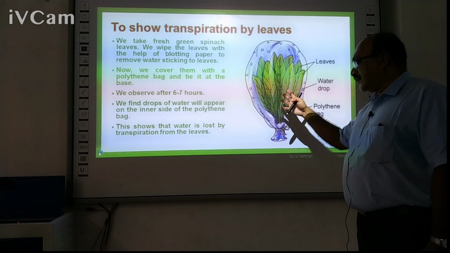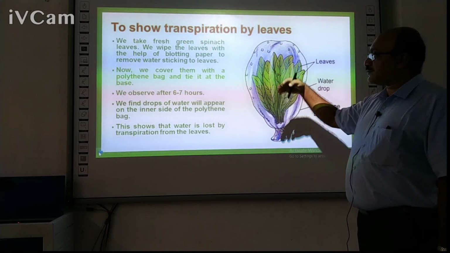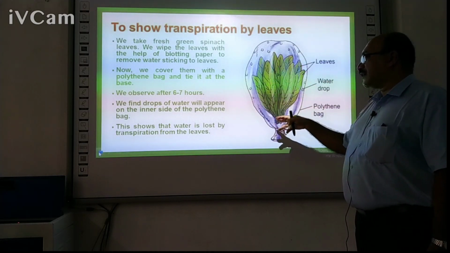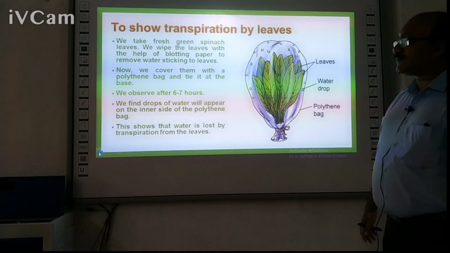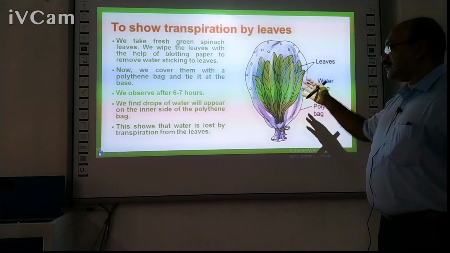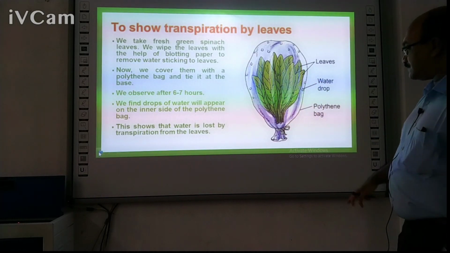The tissues in the leaves lose water in the form of water vapor, which comes out from the leaf surface and gets condensed in the inner layers of the polythene bag. That shows that the leaves are losing water in the form of water vapor.